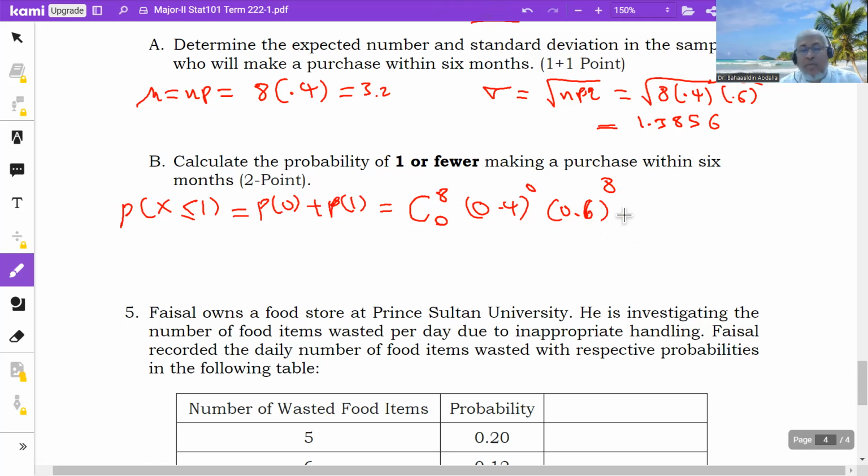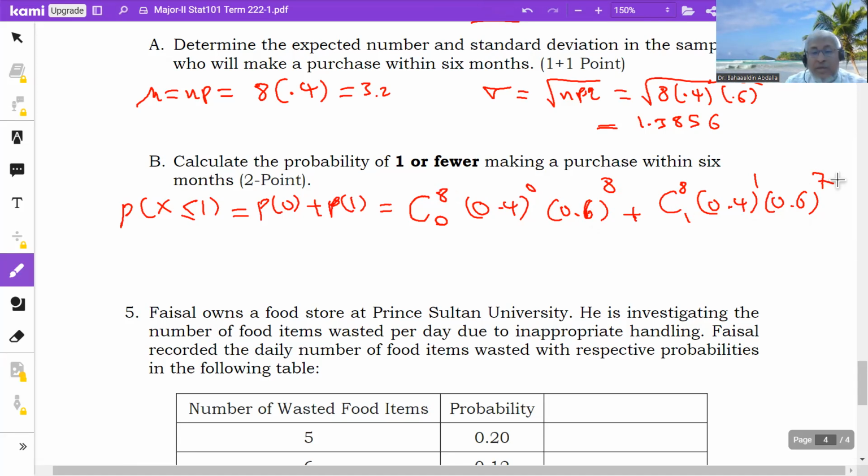Then plus probability of 1 would be 8C1, and 0.4 to the power 1, 0.6 to the power 8 minus 1, which is 7. And you can use the calculator. C is there on the calculator, okay?